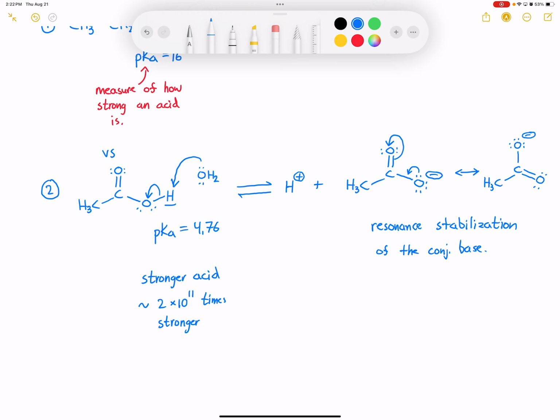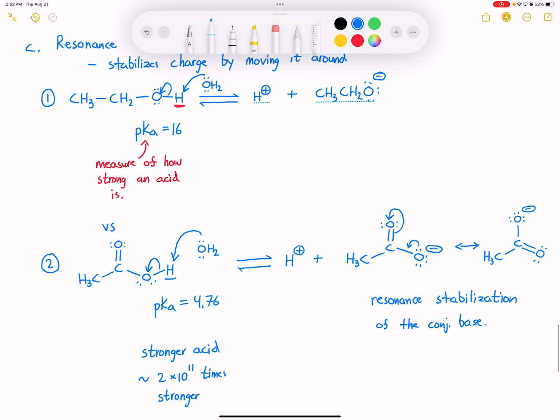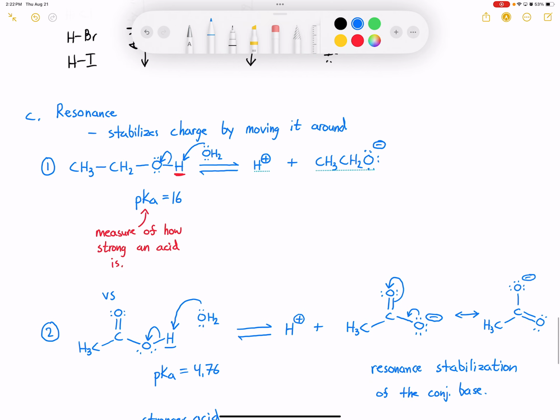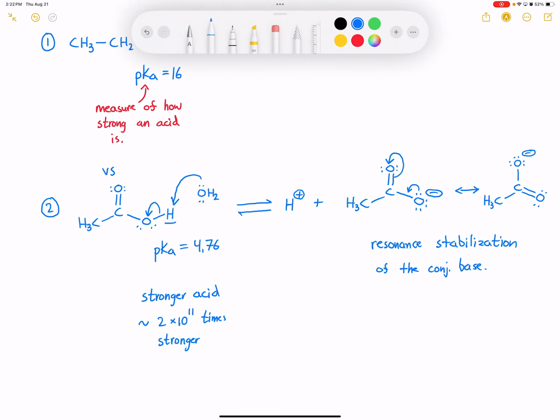So this acid is way more acidic because, compared to number one, this charge is shared between two electronegative atoms. That's particularly stable. But is this charge shared in number one? No, right? It's only being supported by one oxygen atom. So that's the difference. In number one, the negative charge is solely on the lone oxygen atom. In number two, you have two resonance structures that delocalize or spread the charge between two atoms.